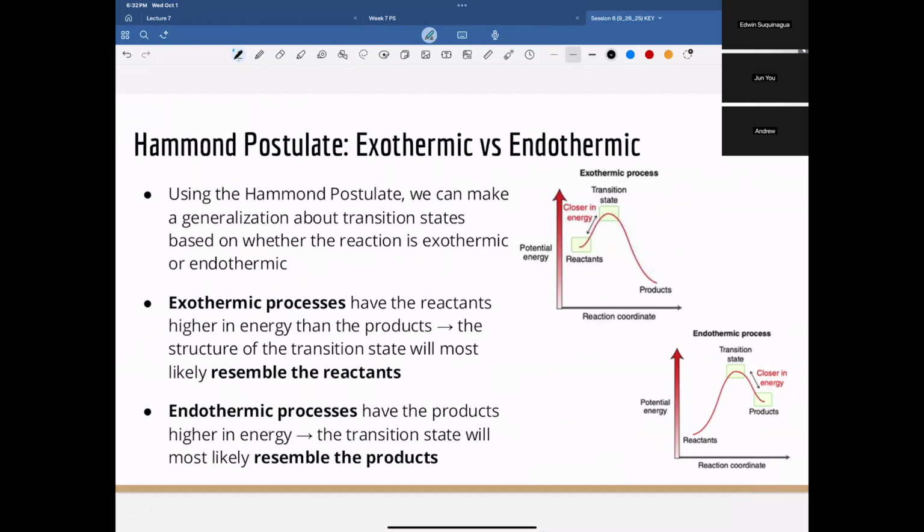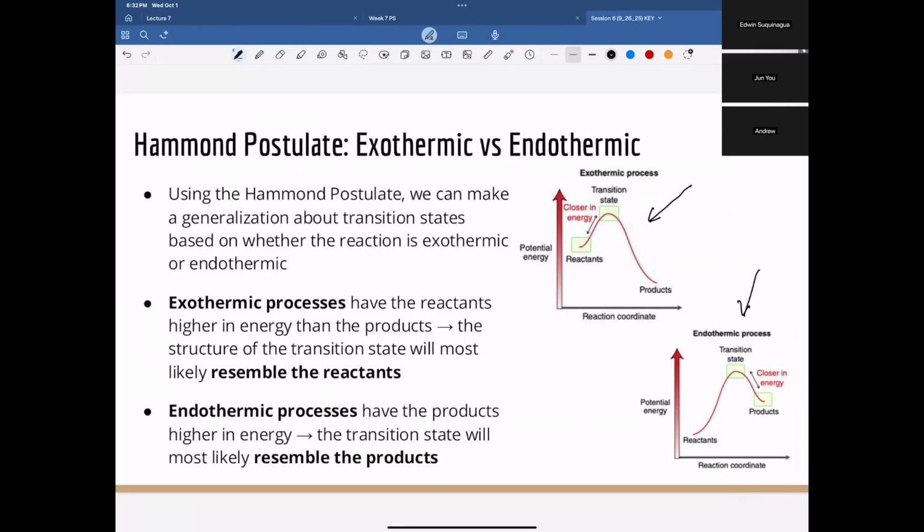We can relate this back to exothermic versus endothermic, because if we look at an exothermic process right here, since the transition state is closer to the reactants, it's going to resemble the reactants more than the products. If we look at the endothermic process, it's closer to the products, so the transition state will look closer to the products. That's basically what it's saying.